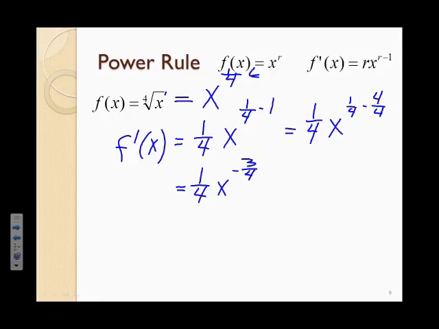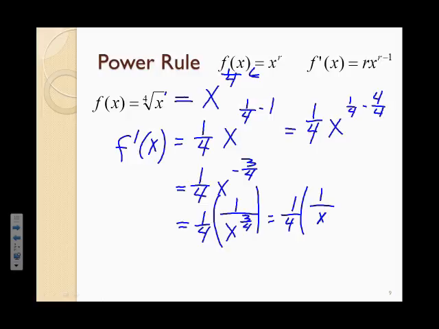Now, if you're just finding the derivative, leaving the answer like this is often fine. If you actually have to find a value at a point, or put a value in for x, then of course you'll want to convert this x to the minus 3/4 into a form that you could use. If we needed to do that, we'd say that it's 1/4 times 1 over x to the 3/4, which is 1/4 times, I should put parentheses here just to make it a little bit clearer, 1 over the fourth root of x to the third.